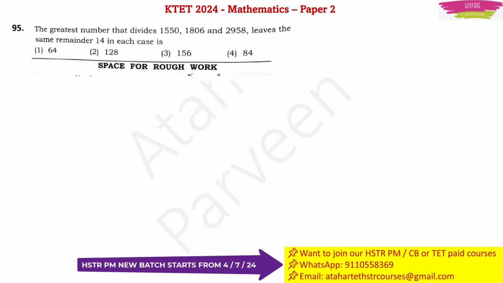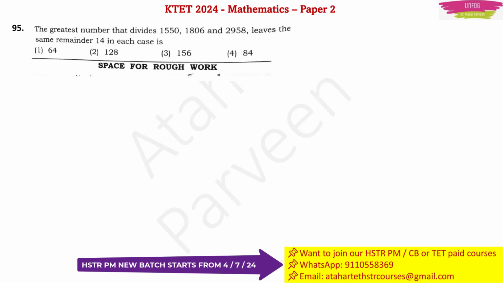Next question. The greatest number that divides 1550, 1806 and 2958 leaves the same remainder 14 in each case is. So we have to find the greatest number. Okay, this comes under GCD, greatest common divisor we say, right?